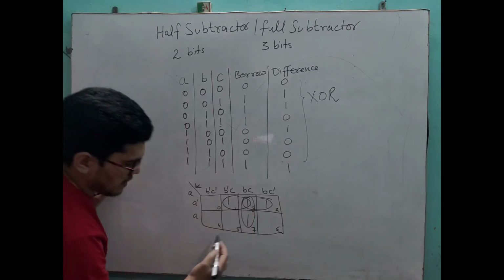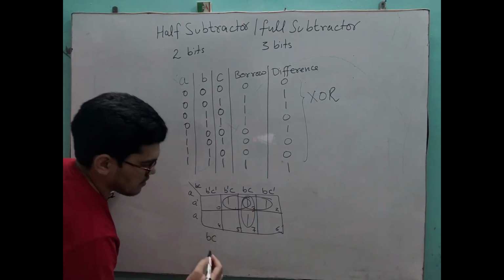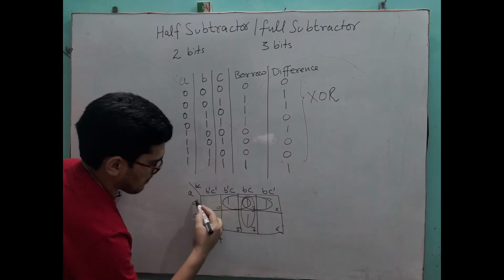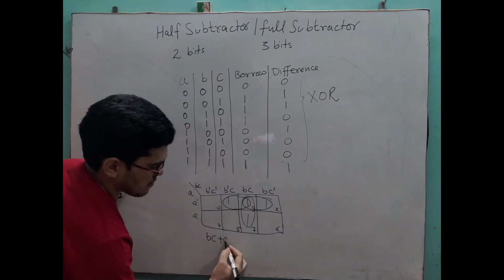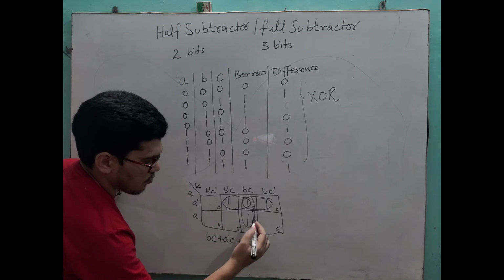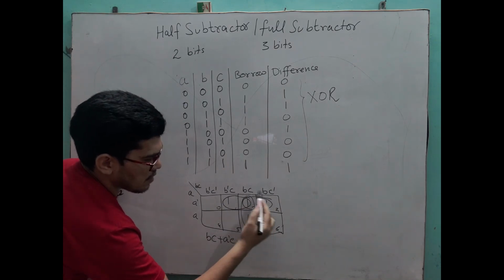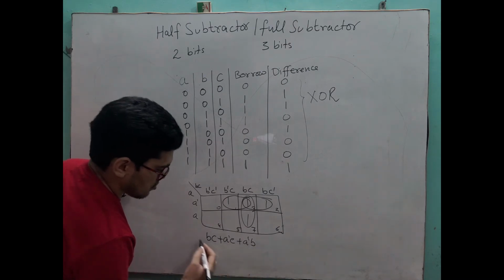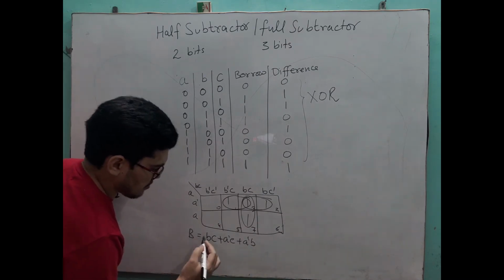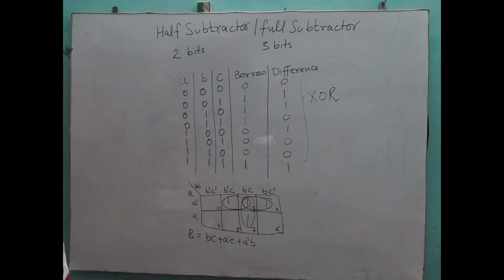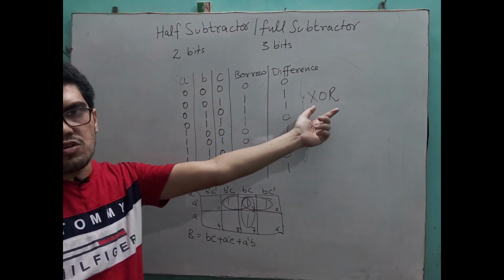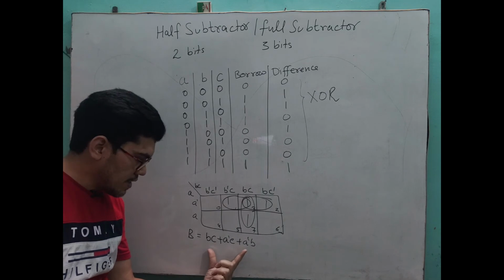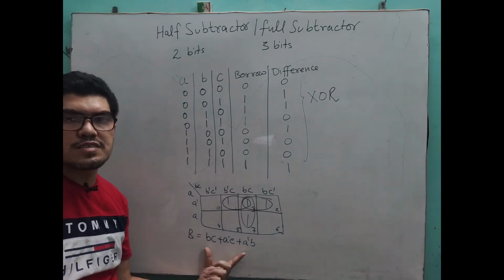So for this pair BC, plus for this pair A bar C, for this pair A bar B. So this is the expression for borrow. Okay, so for difference use XOR gate. For borrow the simplified expression is this.